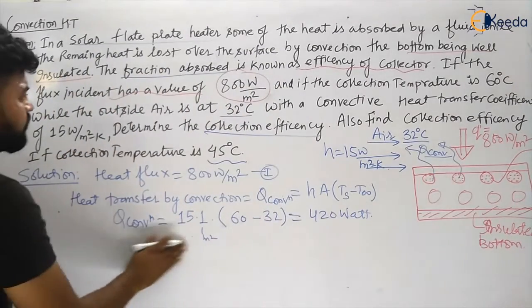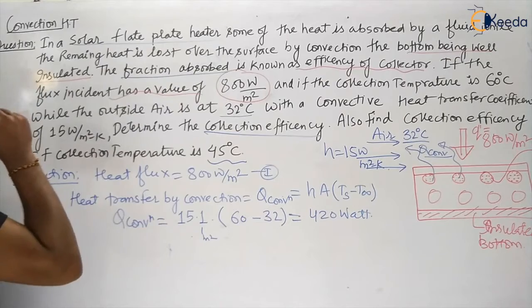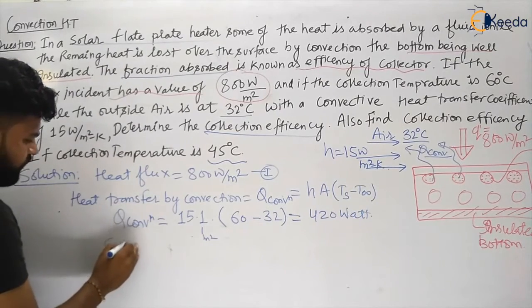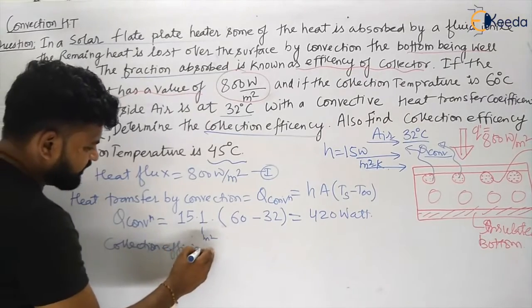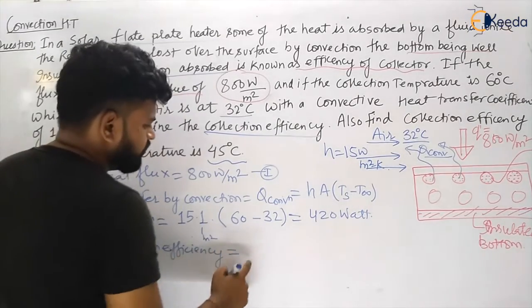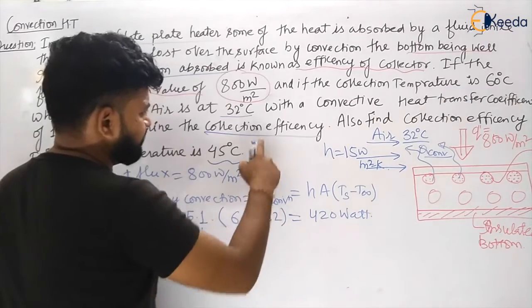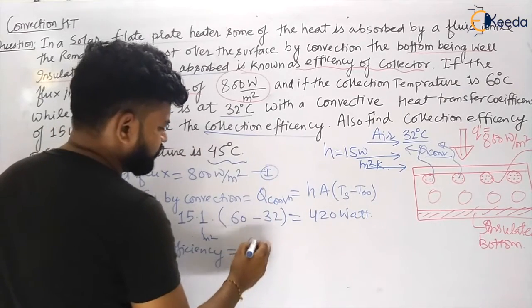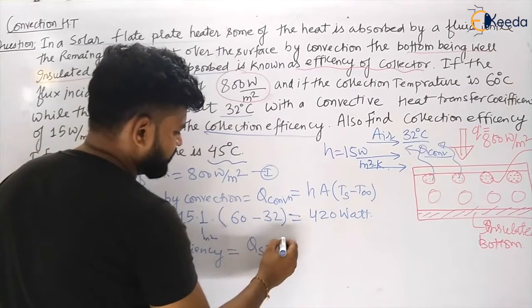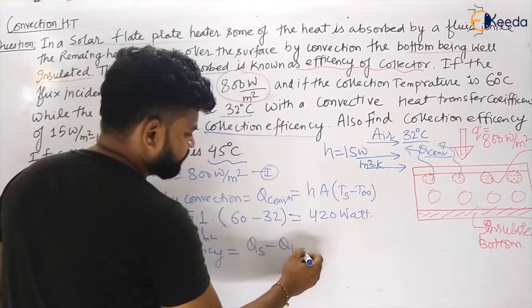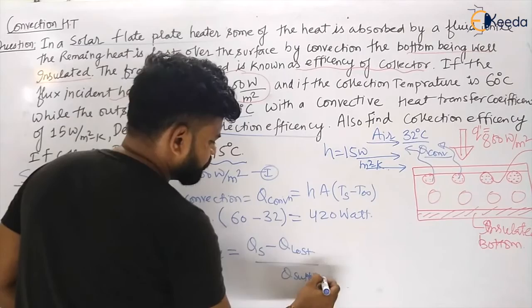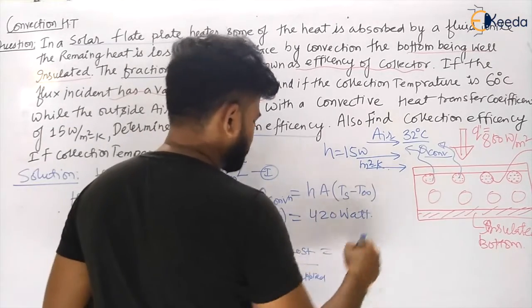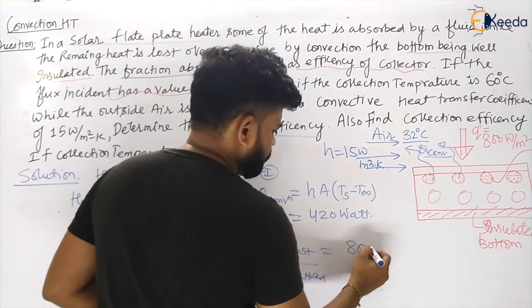So can I calculate now the collection efficiency? Yes. So what will be the collection efficiency, my dear students? Collection efficiency in this case will become equal to Q supplied minus Q lost, divided by Q supplied. The total heat it was taking, Q supplied, was 800 watt.